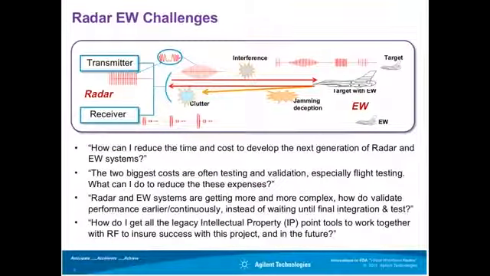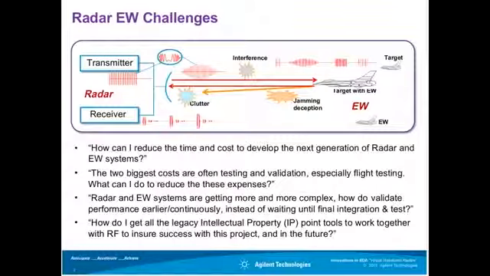Okay, so first of all, we have this system, and we want to look at how do I get started with a system? How do I develop a system? And how do I verify that that system works and meets the performance specs at all stages of development, not just when we put it all together at the end and find out that it doesn't work.